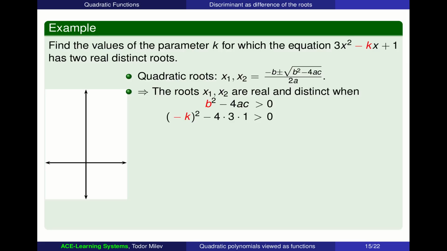Now, the coefficient b is equal to negative k. The coefficient a is equal to 3. And the coefficient c is equal to 1. This is our c.